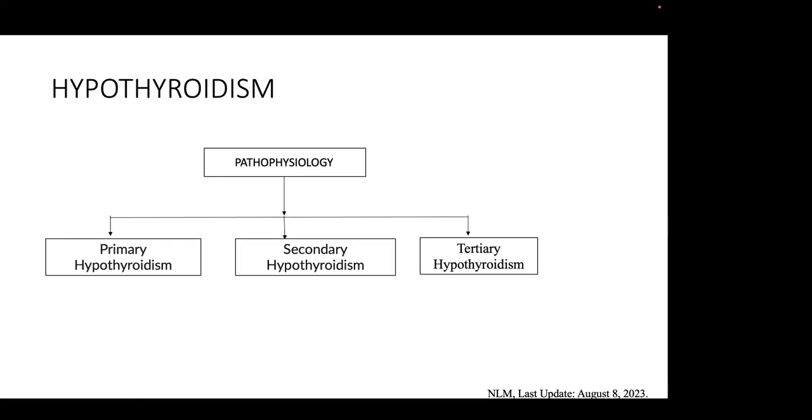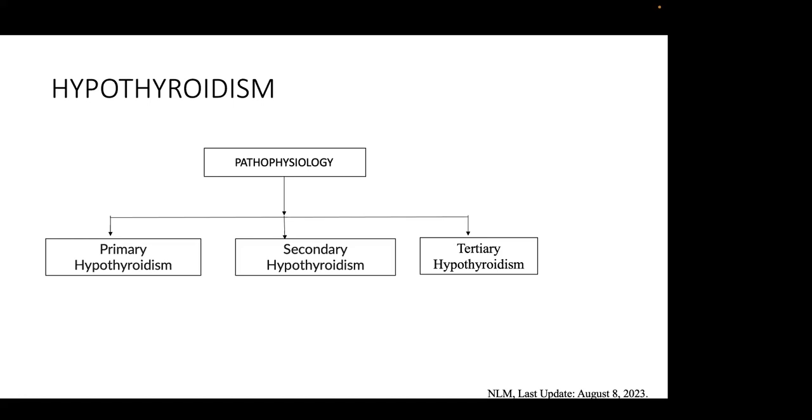So again, we can have primary hypothyroidism, secondary hypothyroidism, and tertiary. In primary hypothyroidism, T3 and T4 are not produced, because of which there is a compensatory increase in TSH. Secondary hypothyroidism is associated with a decrease in the levels of TSH, which is causing a decrease in the level of T3 or T4.